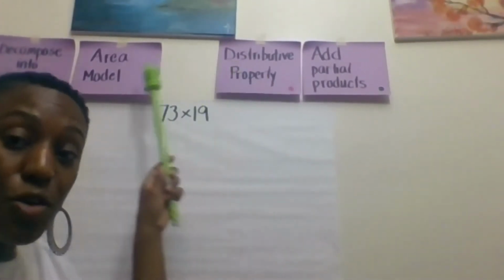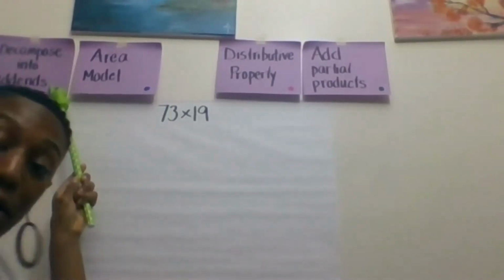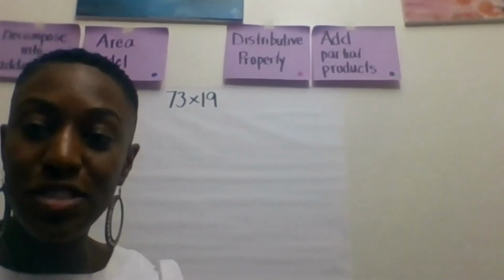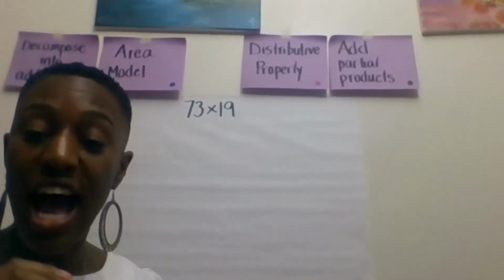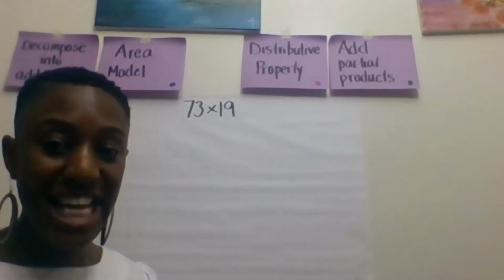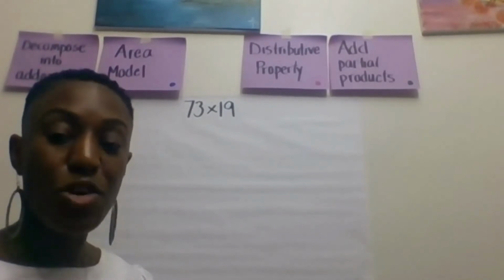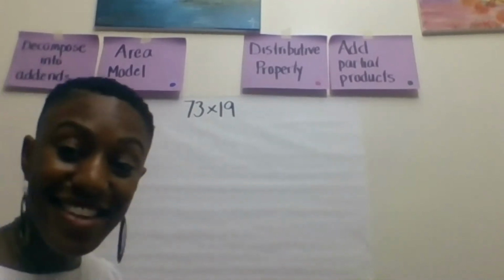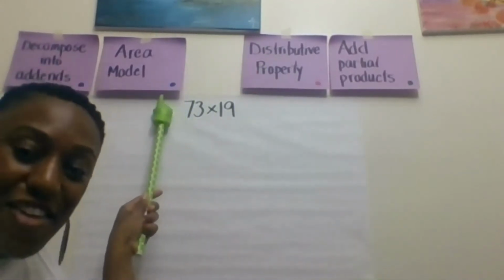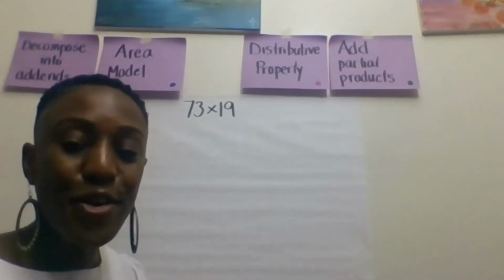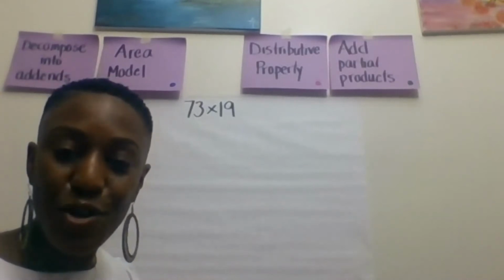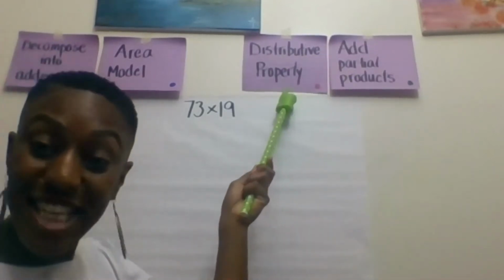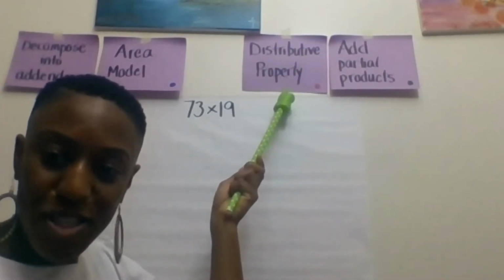our memory. So first, we want to start by decomposing into add-ins. Today, as we decompose into add-ins, we're going to focus on how do we decompose by place value so that we can continue to multiply in friendly ways that help us. And then what's next? Yes, the area model. The area model is going to be a great organizational tool for us to keep our partial products together as we use the distributive property to multiply.